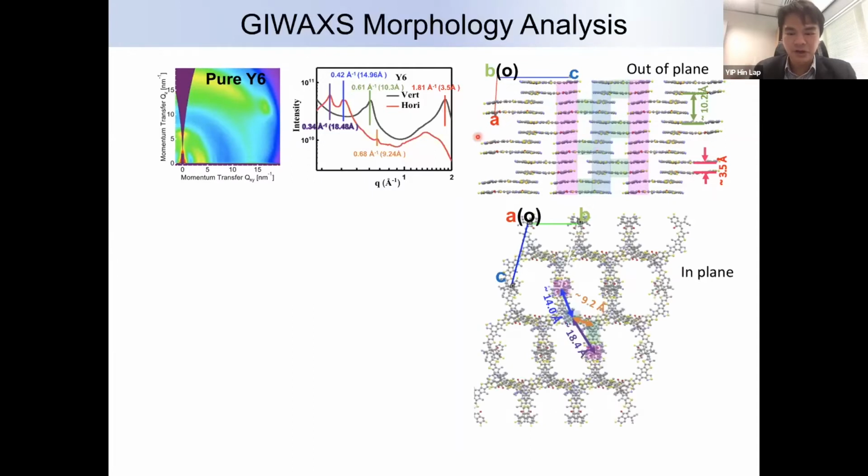And for the in-plane GIWAXS peak, we can also find the corresponding lattice distance associated with the packing of the crystal. That means the crystal packing is preserved very well in the pure film, okay?